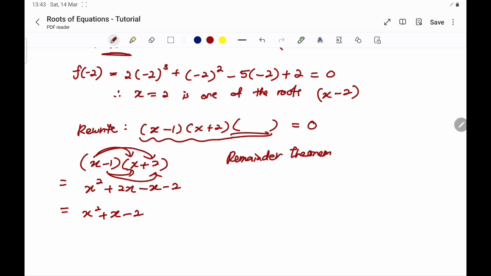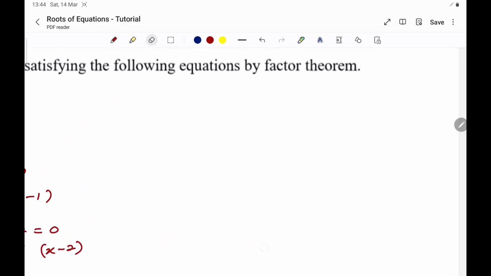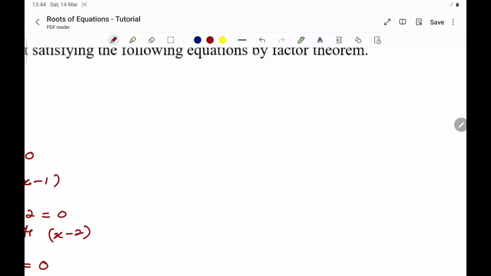Yes, correct, remainder theorem, which includes the long division method. So what we will do is 2x cubed plus x squared minus 5x plus 2, you will divide with x squared plus x minus 2. Wait, I want to write it properly.